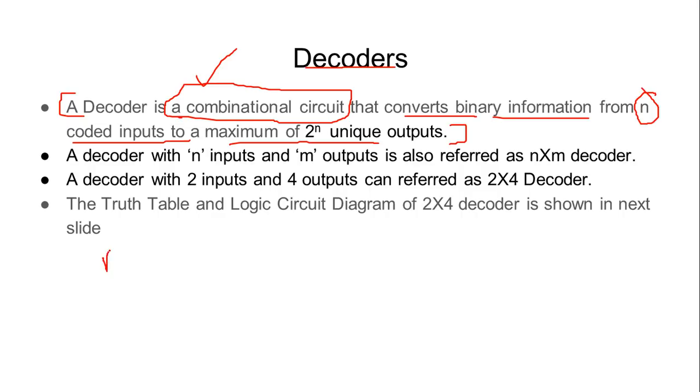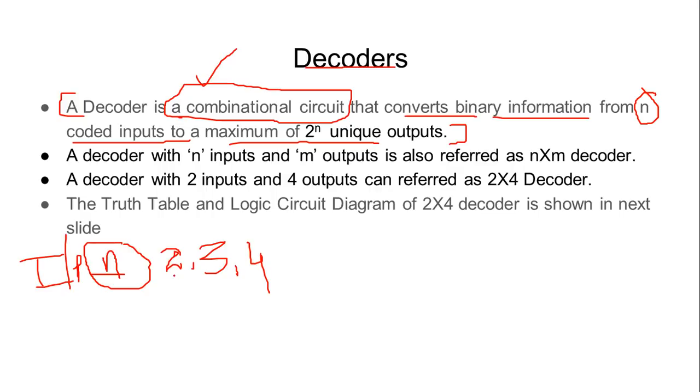I am saying the inputs taken by the decoder are n. So n could be any number, be it 2, 3, 1, or any other number. Whenever we provide n-bit inputs, which could be 1, 2, 3, 4, and so on up to n, the output will always come as 2 raised to power n.